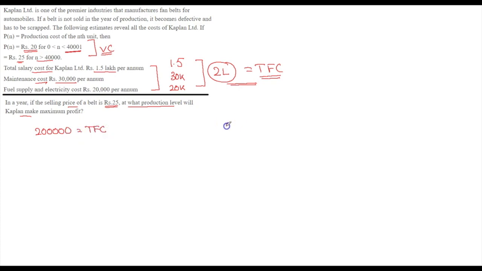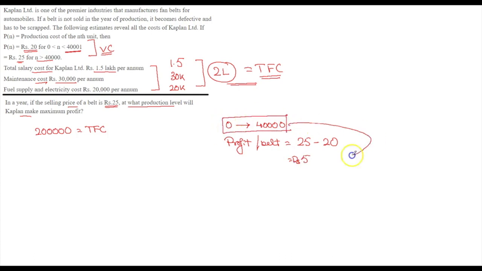And for the number of units from 0 to 40,000, both included, the profit per belt would be equal to the selling price, that is 25 rupees, minus the cost price, that is 20 rupees, which is equal to 5 rupees.